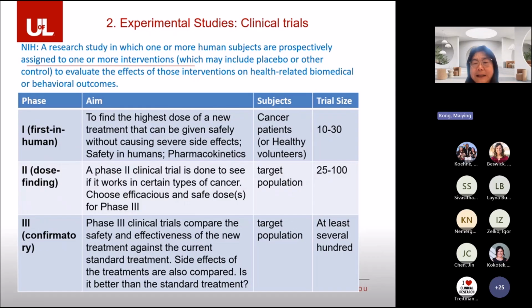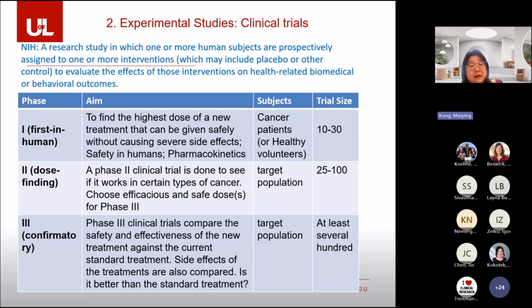For cancer-related treatment, the phase 1 subjects are cancer patients. For vaccines and other areas, the phase 1 study usually uses healthy volunteers. It's a small study, looking at whether the drug is safe in humans, usually 10 to 30 patients for phase 1.